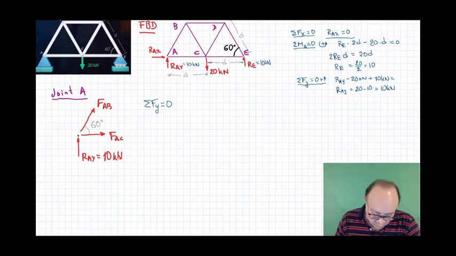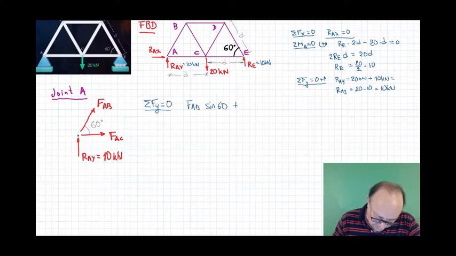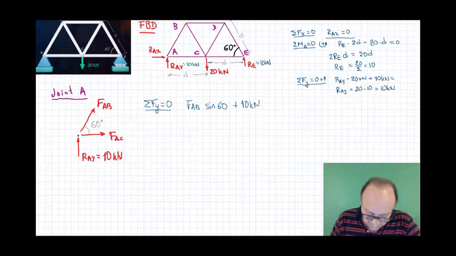So that allows me to solve for FAB directly in one equation. So I will do FAB sine of 60 plus RAY, which is 10 kilonewtons, and no more forces in the y direction, equals 0.